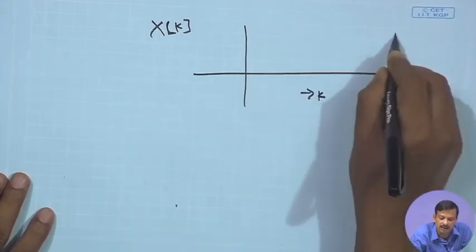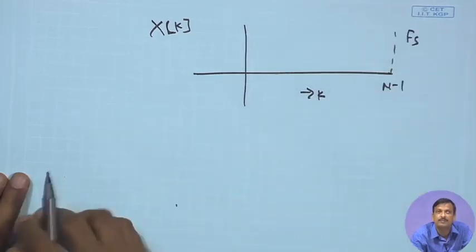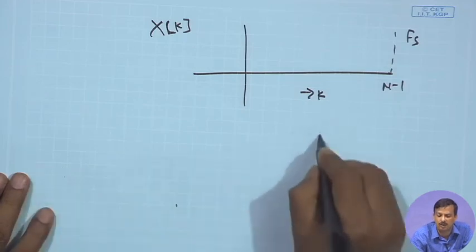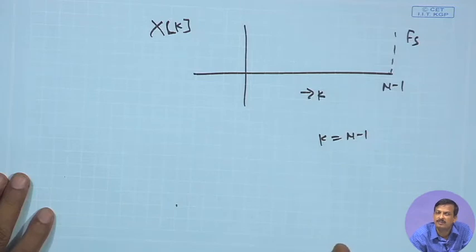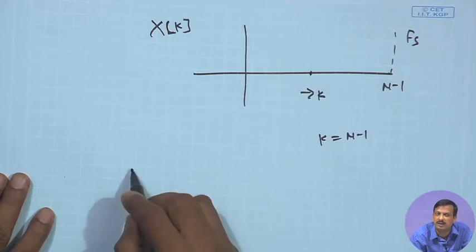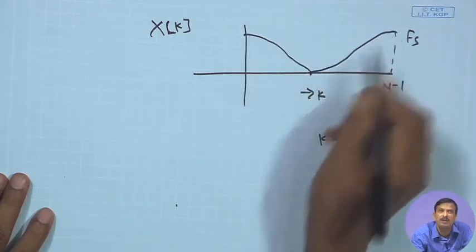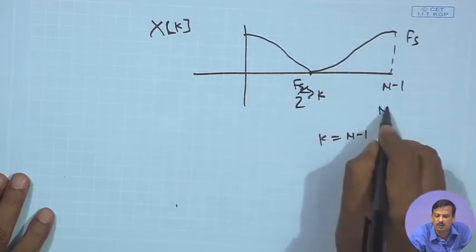At k equal to N minus 1, it is nothing but fs. If fs by 2 is my signal limitation, this is the fs by 2 point or N by 2 point.